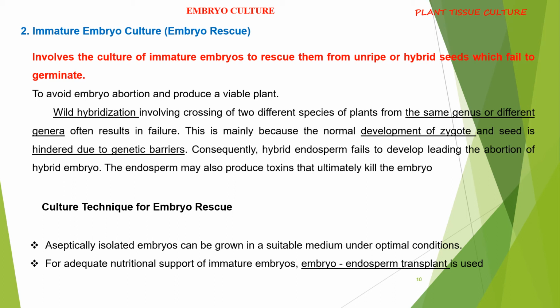This could be due to genetic barriers or due to incompatibility between the endosperm and the developing embryo, which could lead to abortion of the hybrid embryo. Embryo rescue techniques help to rescue these hybrid seeds which fail to germinate.